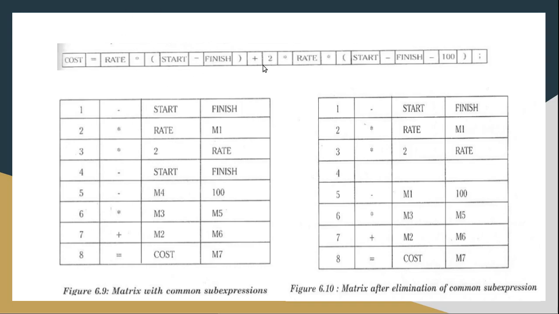When you look into this assignment statement, we can see start minus finish is a sub-expression and it is repeating twice. Before applying this algorithm, what is the condition? The common sub-expressions must be identical. Check here, this is start minus finish, this is also start minus finish. So both the expressions are identical.